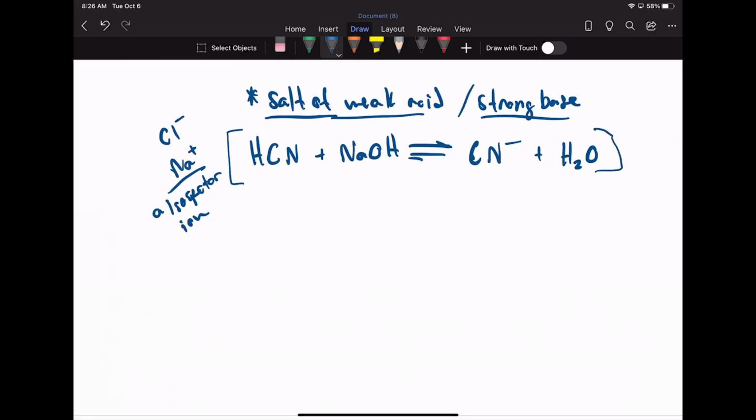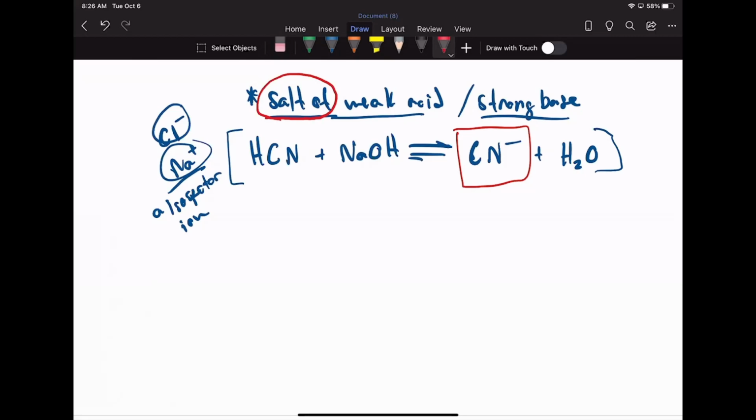You need to know, oh, this is a spectator ion, I'm not really concerned with it. What I'm concerned with is the salt of a weak acid, strong base.